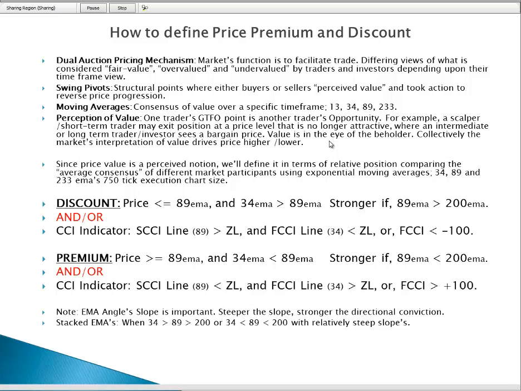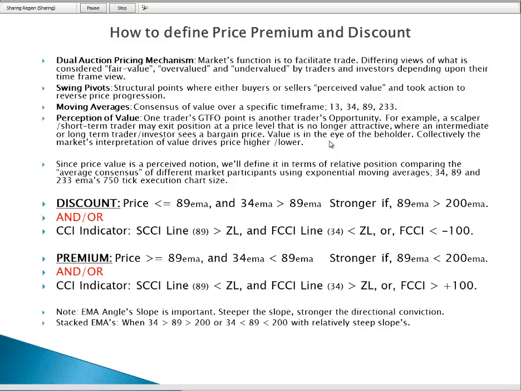Yet an intermediate or longer-term, institutional trader will see that as a bargain price based upon their time horizon. Again, you've heard it before, value is in the eye of the beholder, just like beauty. Collectively, the market's interpretation of value simply drives prices higher or lower.